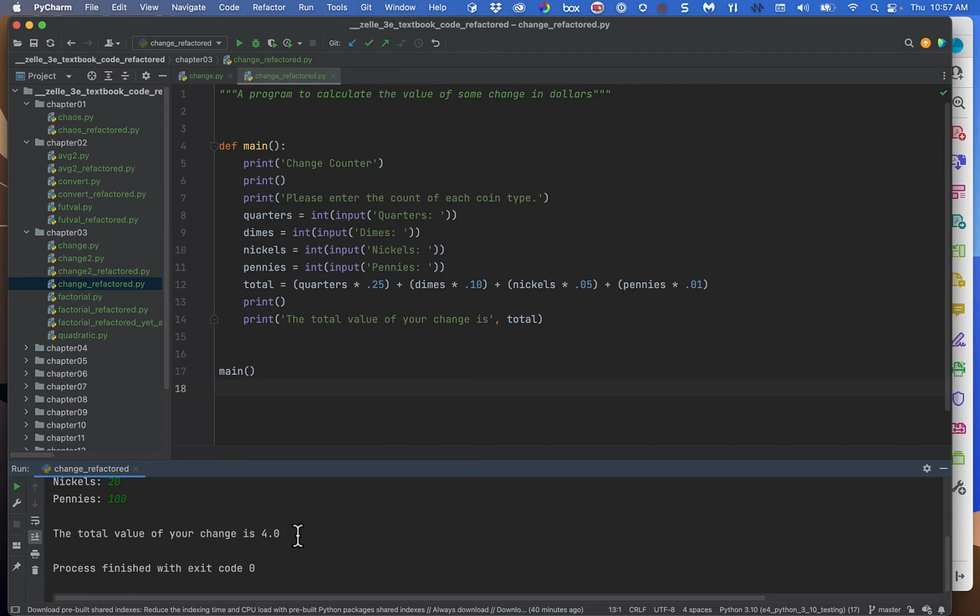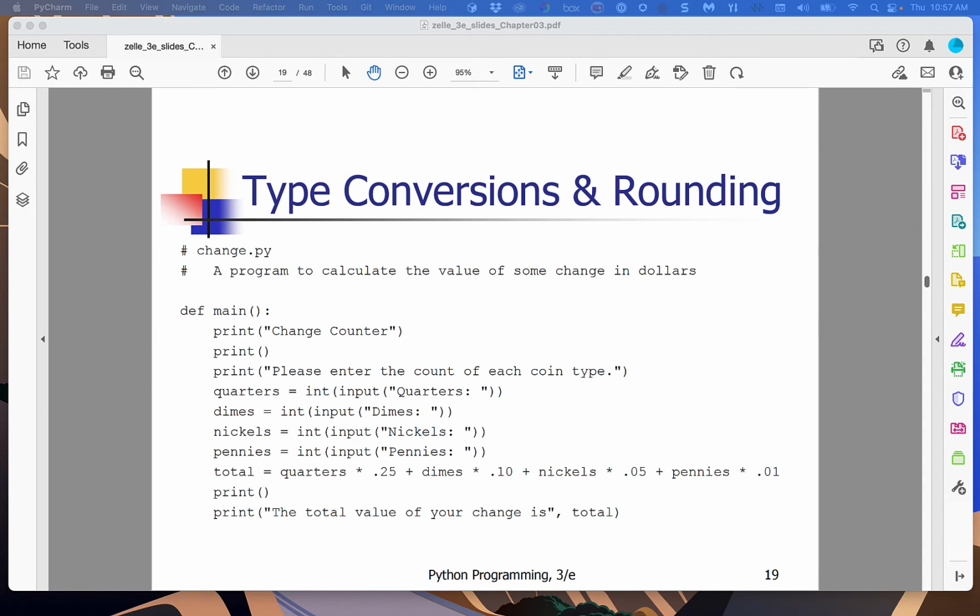That's perfect. It would have been nice if we were able to control how many decimal points we had here, and we were able to print 4.00 because this is dollars and cents, but we haven't gotten to that in this part of the textbook. Okay, so that's what's going on there.